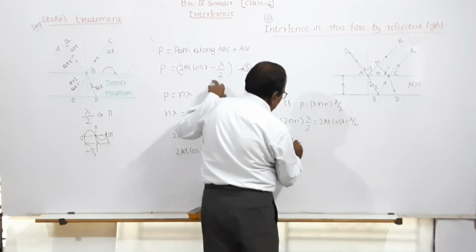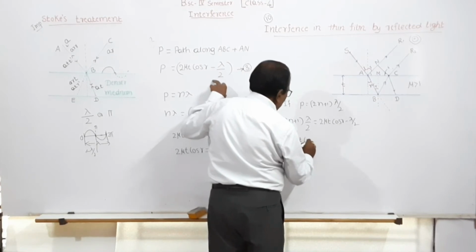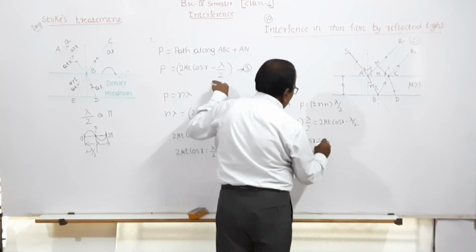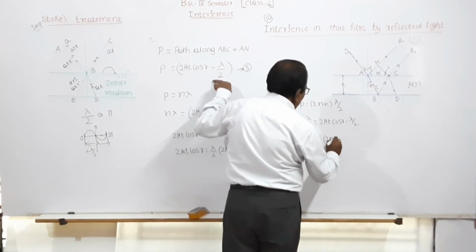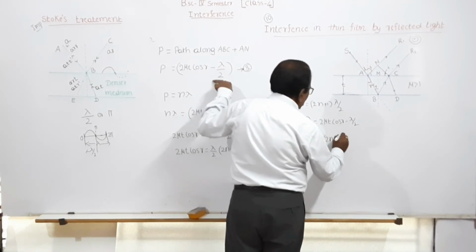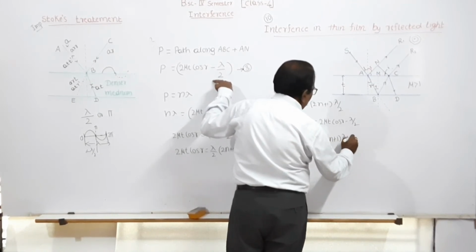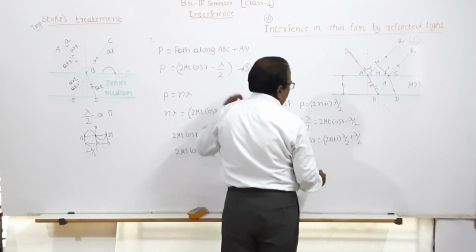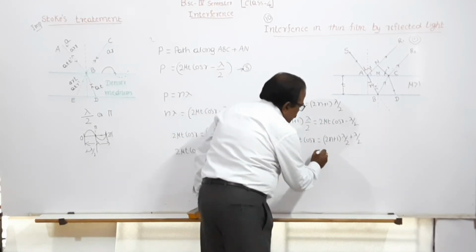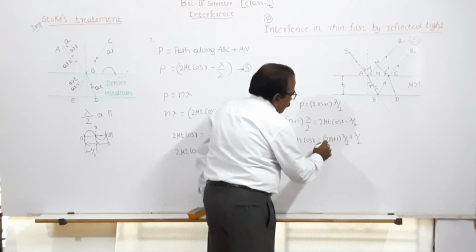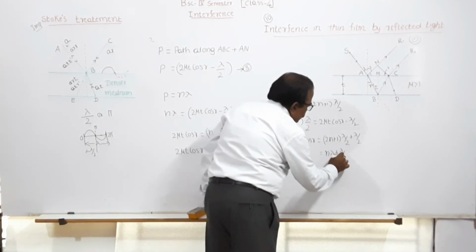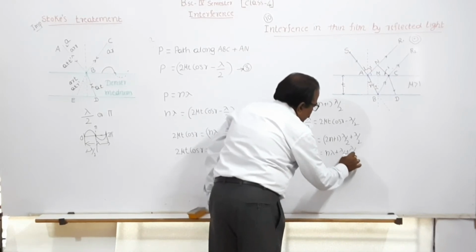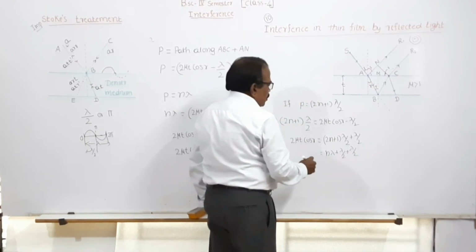Then what is this 2 mu t cos r? 2 mu t cos r is equal to 2n plus 1 lambda by 2 plus lambda by 2, and this is nothing but lambda by 2 into n, it is n lambda plus lambda by 2 plus lambda by 2, and it is lambda.